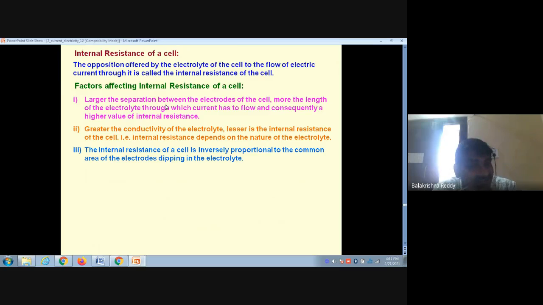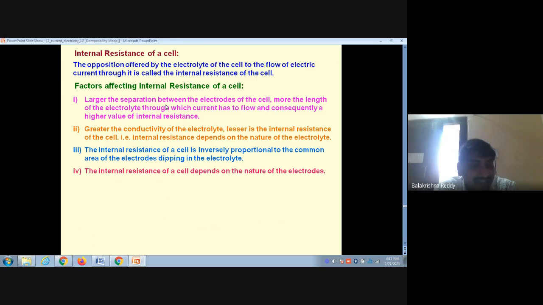The internal resistance of a cell is inversely proportional to the common area of the electrodes dipping in the electrolyte. As I told in the first point, the separation between the electrodes as well as the electrolyte will clearly affect internal resistance. And the nature of the electrolyte affects internal resistance, because if the conductivity of the electrolyte is more, the internal resistance is less. Where you are dipping is also important.